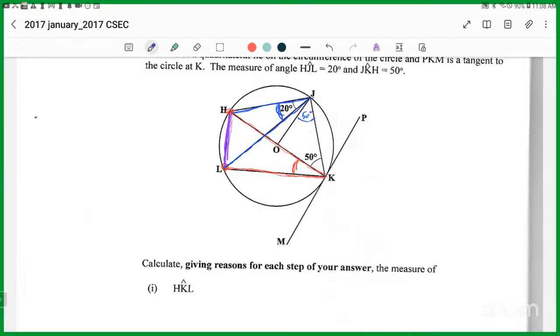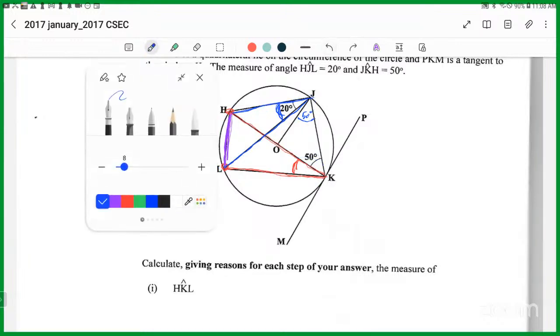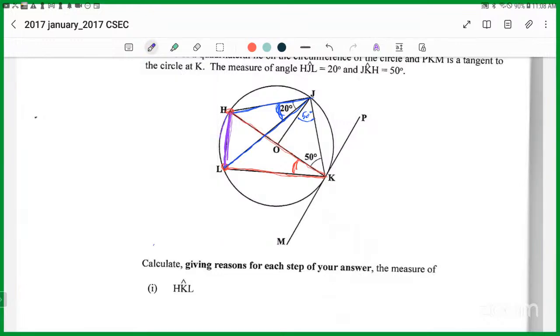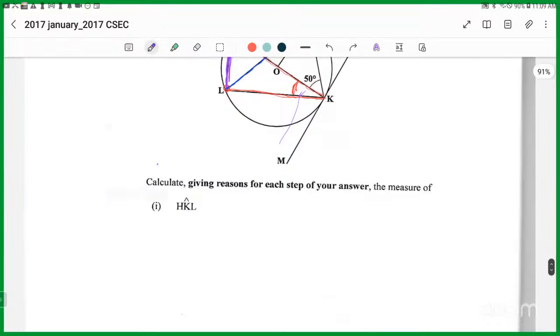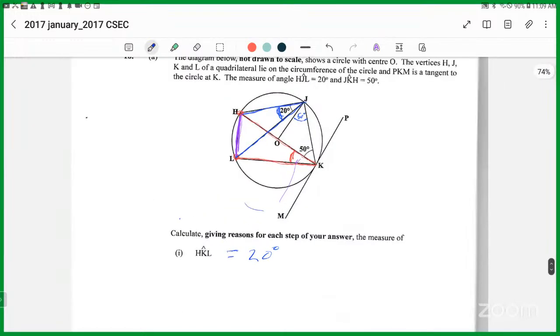So those two angles are subtended by this purple chord or by this purple arc. Both of them are subtended by the same chord or by the same arc in the same segment, so they are equal. So this angle over here is 20 degrees, because angles in the same segment are equal. It's equal to the 20 degrees over there.